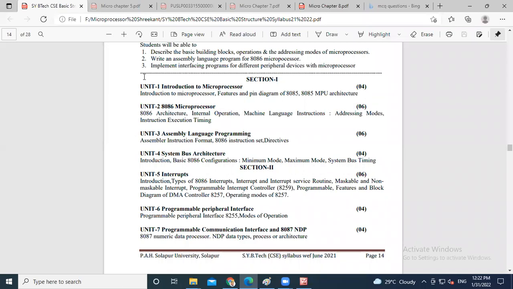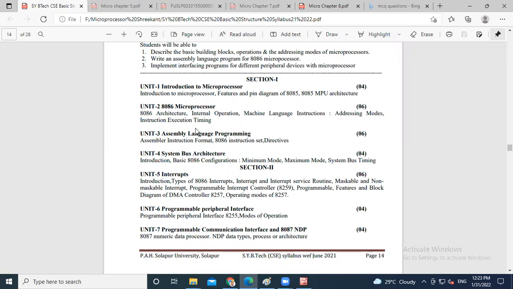Within 5 minutes, I will repeat all the units we covered. In unit number 1, we covered the introduction to the microprocessor: the 8085 microprocessor architecture, pin diagram, features, along with microprocessor definitions and system bus. In unit number 2, we studied the architecture of the 8086 microprocessor and machine level languages, including addressing modes and instruction execution timings.